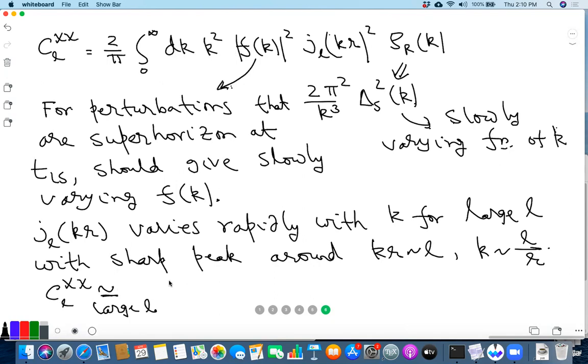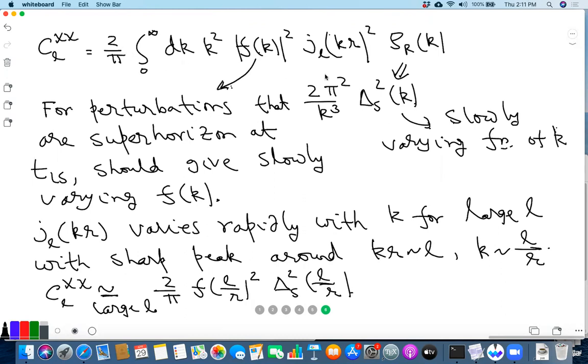Anyway, let's look at large L. This is given by 2 over π, and because these are slowly varying, I can just pull these things out: f of k squared and Δ_S squared of k, by substituting k equal to L over r, because the rest of the integral is sharply peaked around k equal to L over r. So I can write this as f of L over r squared, then Δ_S squared of L over r.